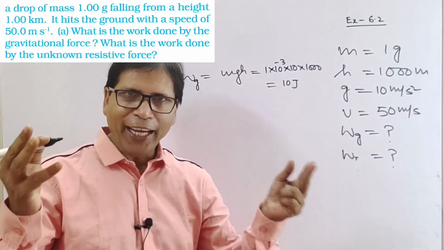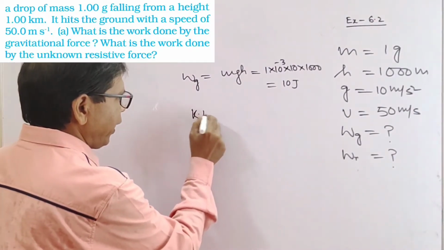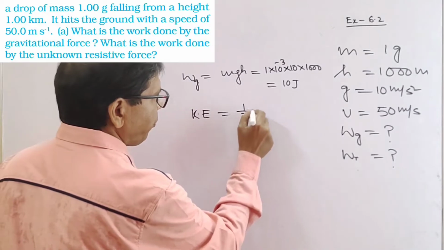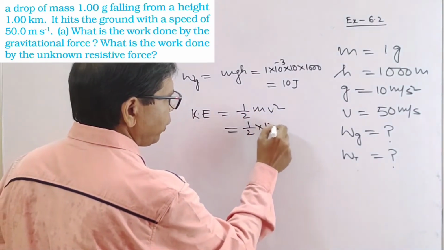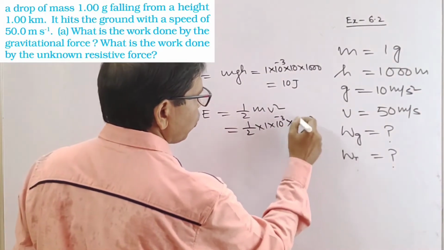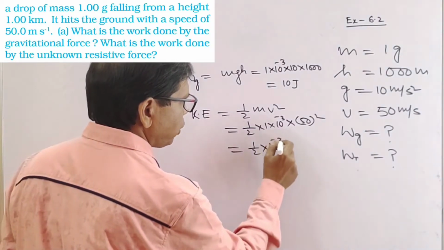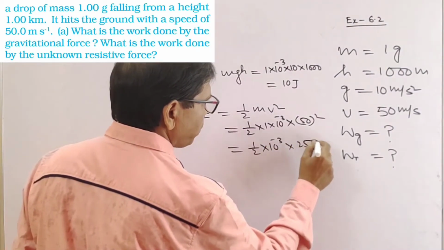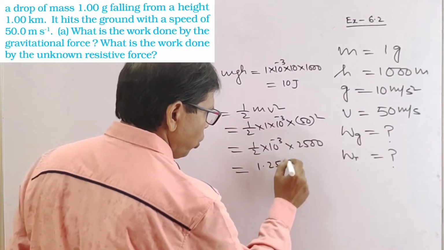Now the final kinetic energy K equals half mv square. Half mass is 1 into 10 to the power minus 3 and v is 50 whole square. So this is half into 10 to the power minus 3 into 2500, which is 1.25 joule.